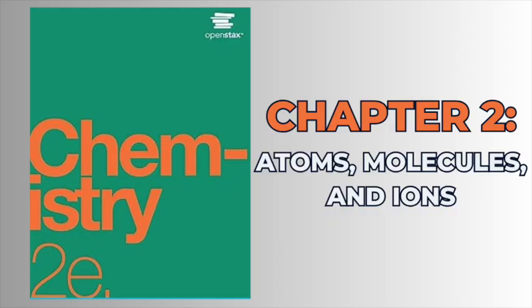Example 2.5: Calculation of percent abundance. Naturally occurring chlorine consists of 35Cl, mass 34.96885 atomic mass units, and 37Cl, mass 36.96590 atomic mass units, with an average mass of 35.453 atomic mass units.